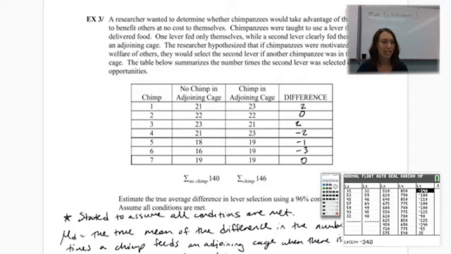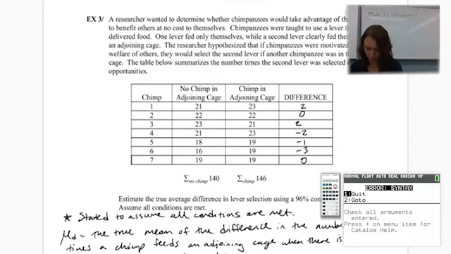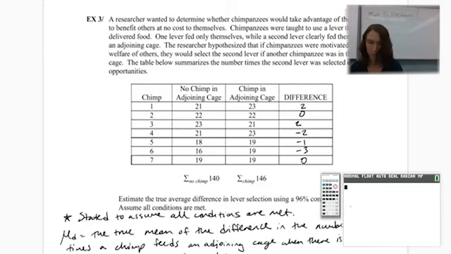So I'm going to go into my L1 and clear this list out. And I'm going to put in the difference values that I've calculated. So I have 2 and 0, 2, -2, -1, -3.